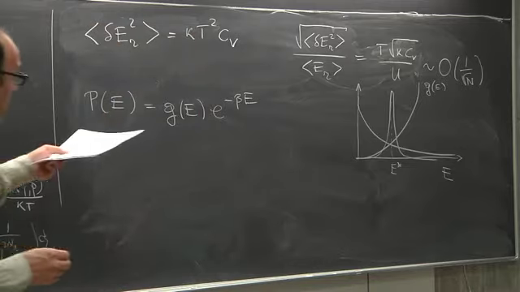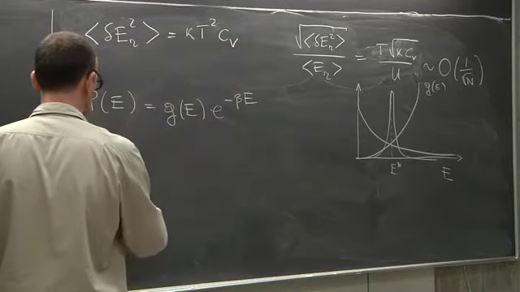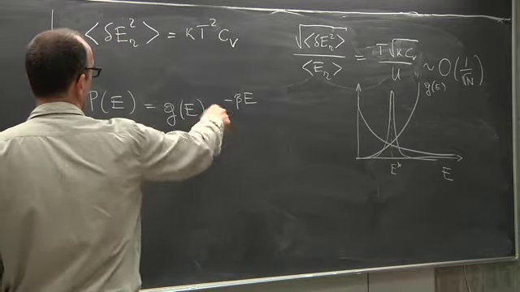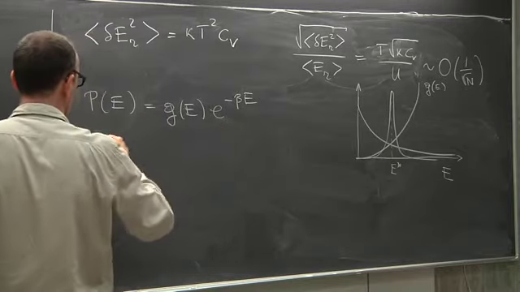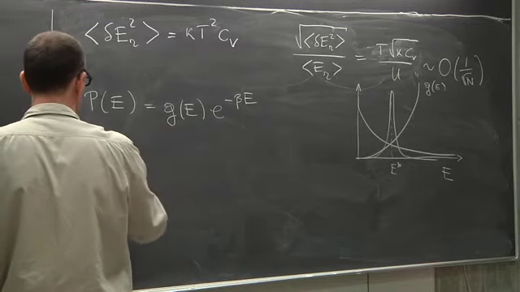So if you want to find this maximum E star, what you have to do is look for the maximum of this function here. So let's look at the maximum of the log of this function.